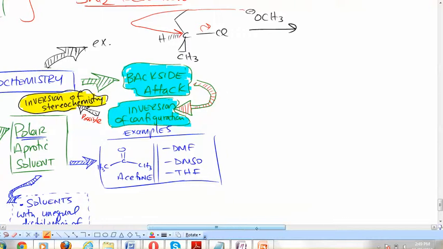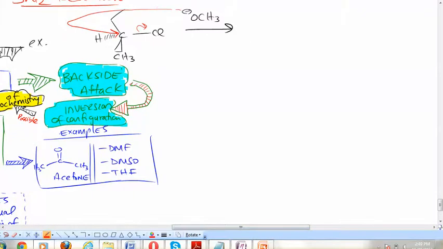So what's going to happen is that once this guy comes in from the back here, these three groups here are going to be pushed this way. So this is going to be OCH3. This carbon is this carbon here, and these three groups are going to be pushed this way.